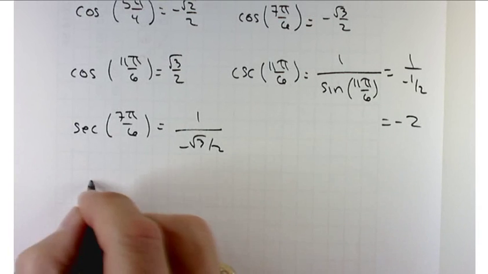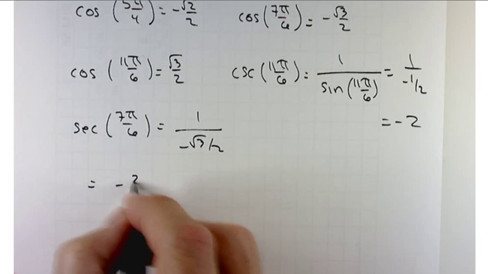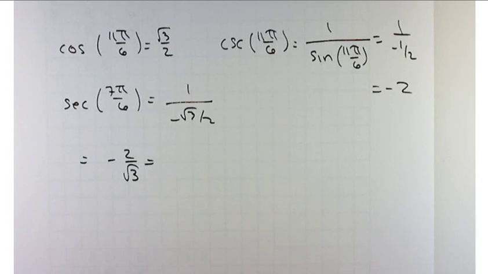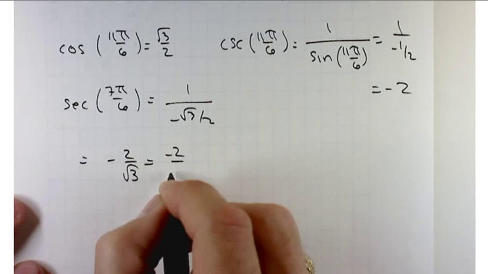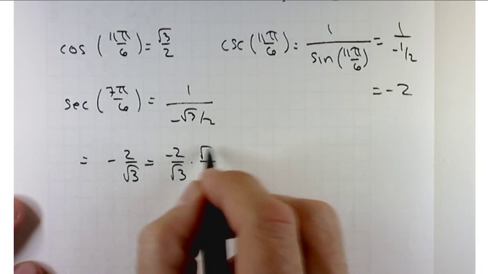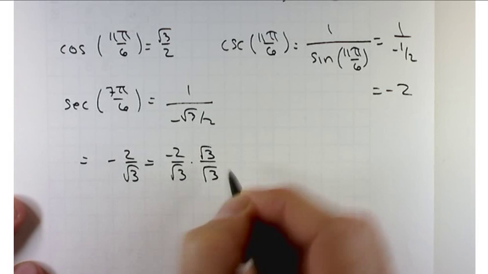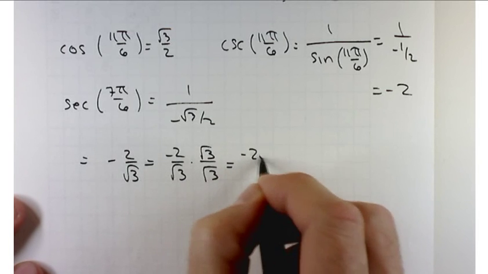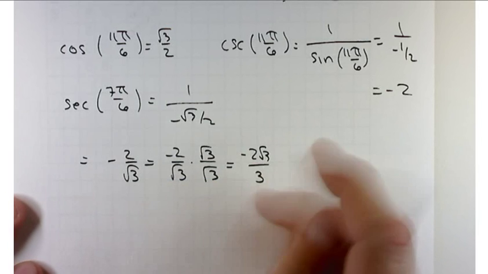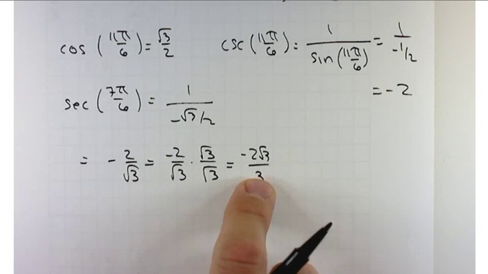They're first of all going to do the reciprocal, so it's going to be negative 2 over root 3. But they're not going to leave well enough alone there. They're going to rationalize it, right? So how do we rationalize it? Multiply by root 3 over root 3, so we get negative 2 square roots of 3 over the square root of 9, which is 3. So that's what you're going to see when you look in the book.